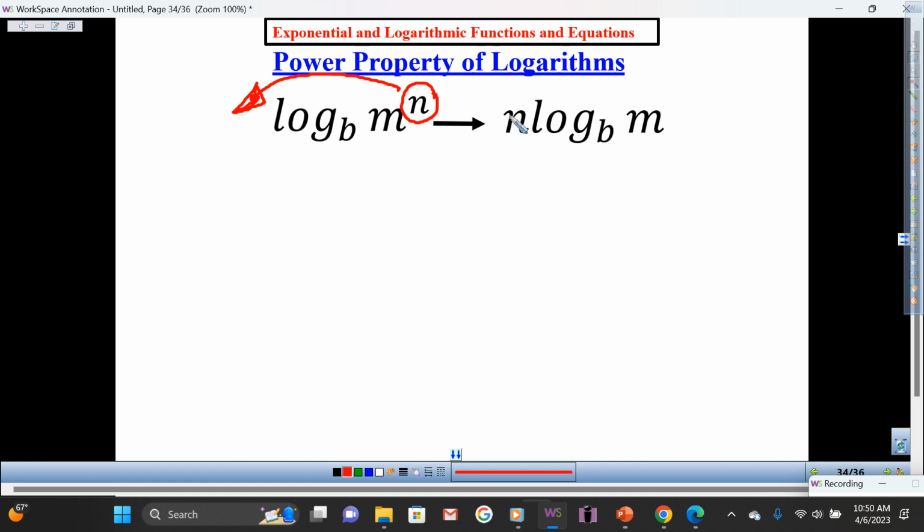That's why here, notice we have n, put a multiplication sign in between, and then log base b of m. The n became a factor. Once again, the n becomes a what? A factor. That means it's going to multiply whatever the log may be.